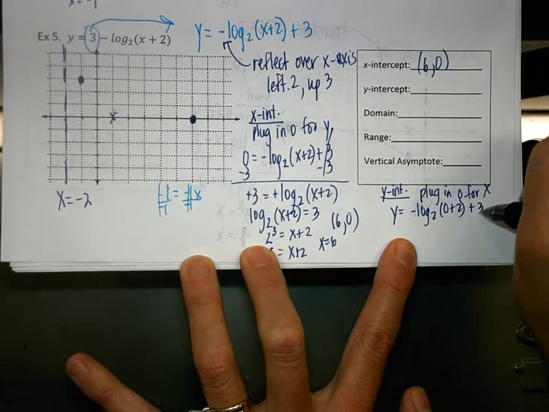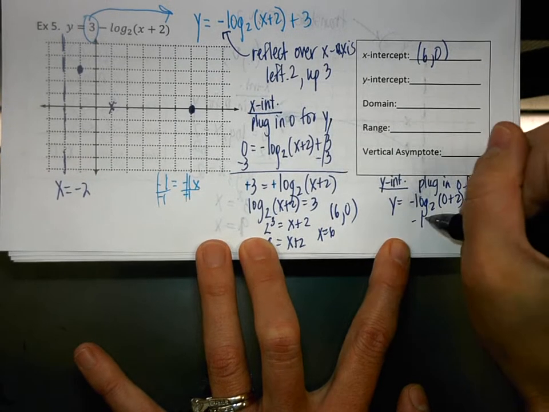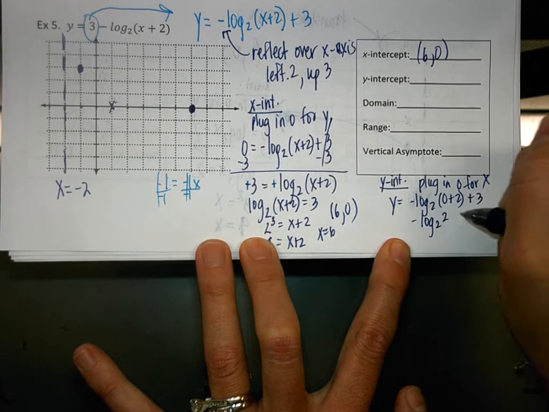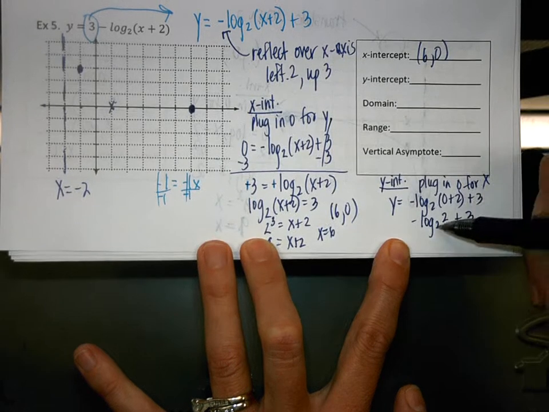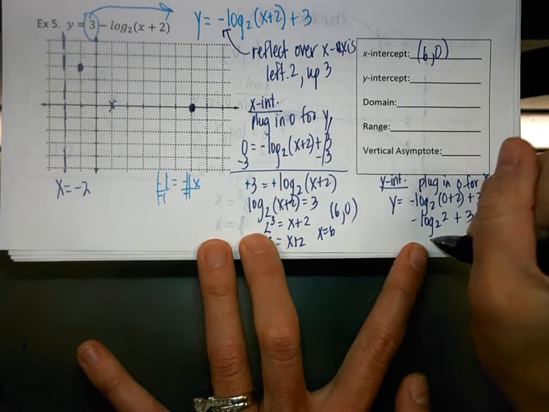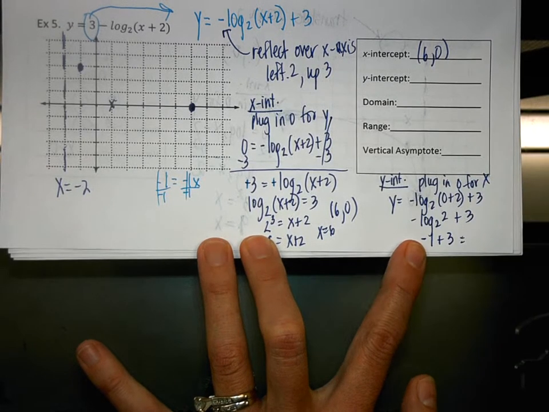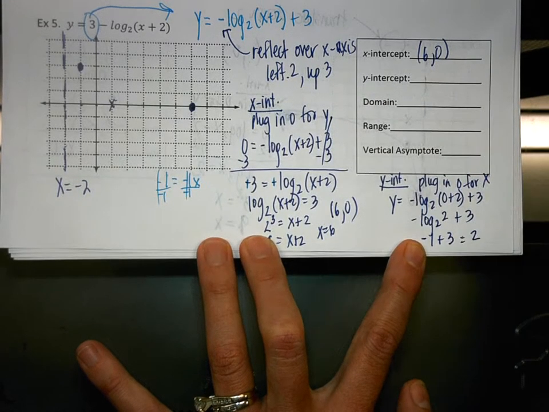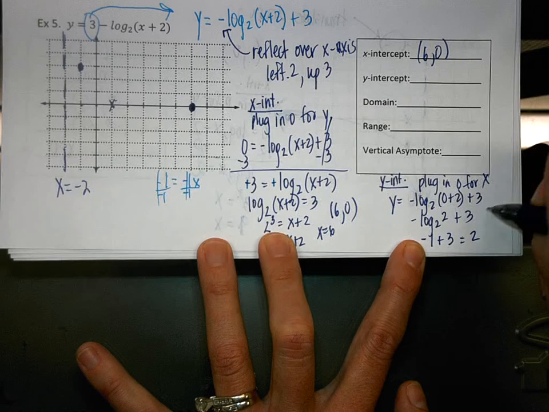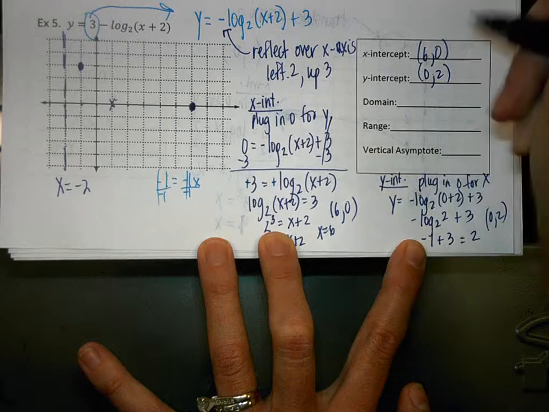What is 0 plus 2? 2. So I have negative log base 2 of 2 plus 3. 2 to what power gives me 2? 1. So that means we have a negative 1 plus 3, which equals 2. So the y-intercept is at (0, 2).